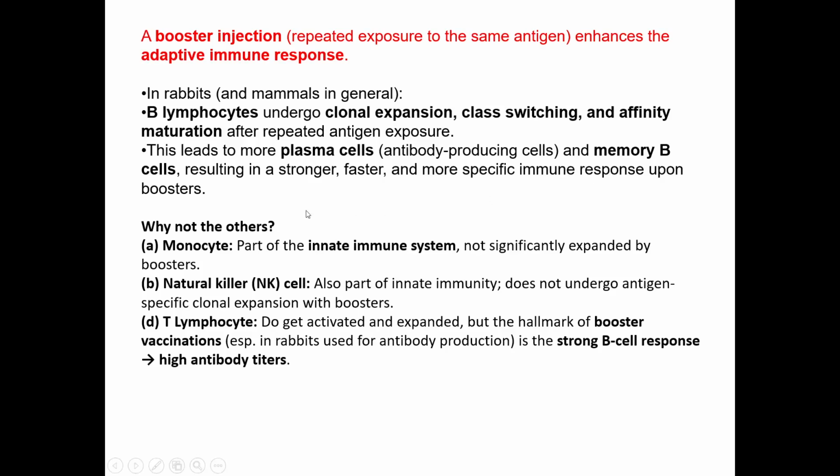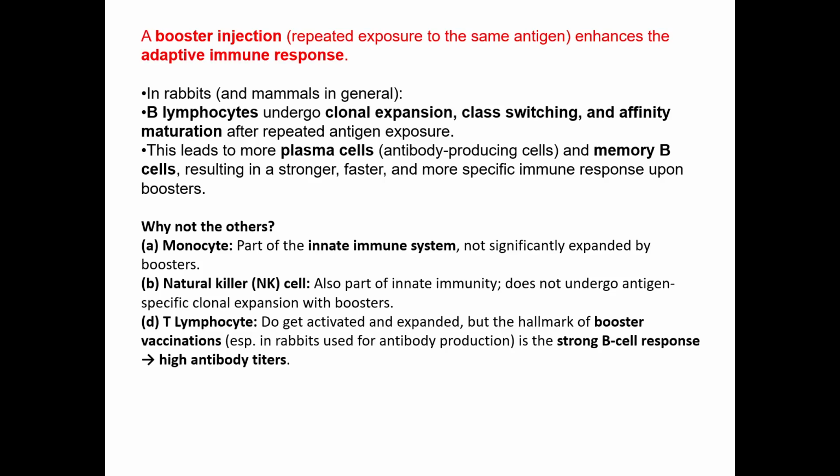upon boosters. So why not others? Why not monocytes? Why not NK cells? Why not T lymphocytes? Because monocytes, first of all, are part of the innate immune system and are not significantly enhanced by boosters. NK cells are also innate system and they do not have clonal expansion.